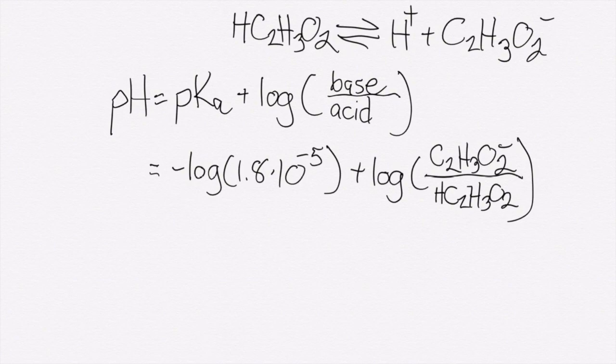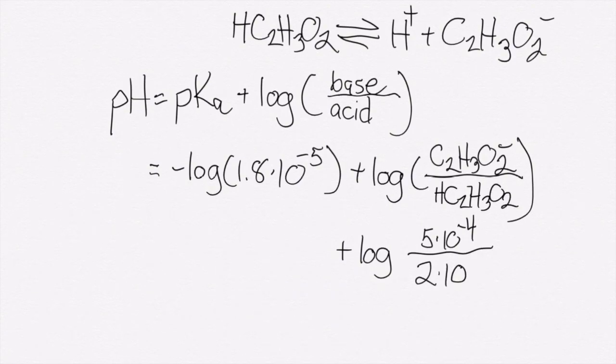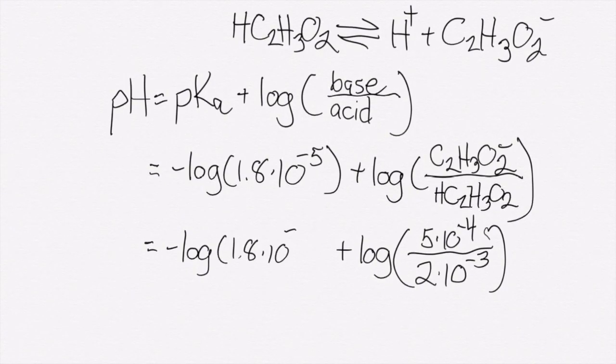In this case, it's the same as saying plus log 5 times 10 to the minus fourth over 2 times 10 to the minus third. That's added to the negative log of 1.8 times 10 to the minus fifth. Calculating for the pH, I get a pH of 4.14.